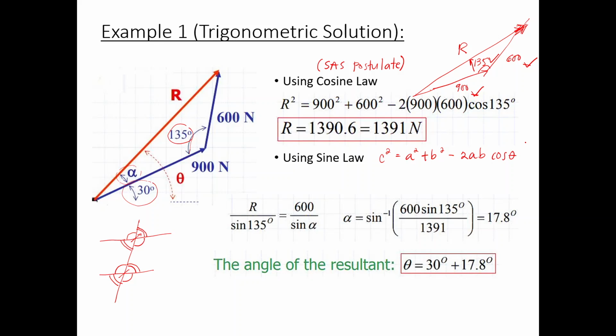C is the opposite of the angle theta. That's why the opposite of 135 is the resultant. With a quick calculation using the calculator, what you'll have here is 1391 newtons, or usually in our practice we make this one kilonewtons.